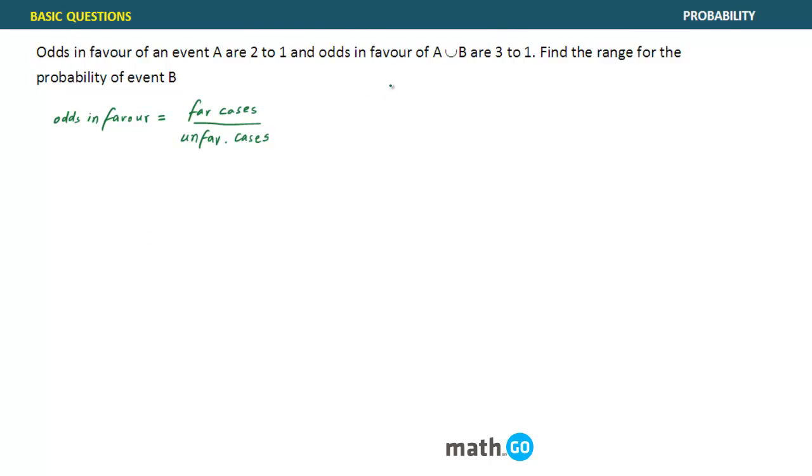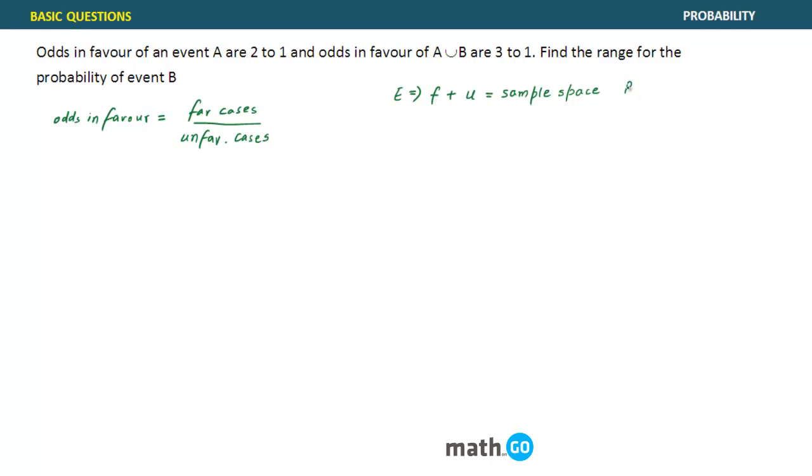Let's say there is an event which has favorable cases f and unfavorable cases u. So the total, the sample space, is f plus u.